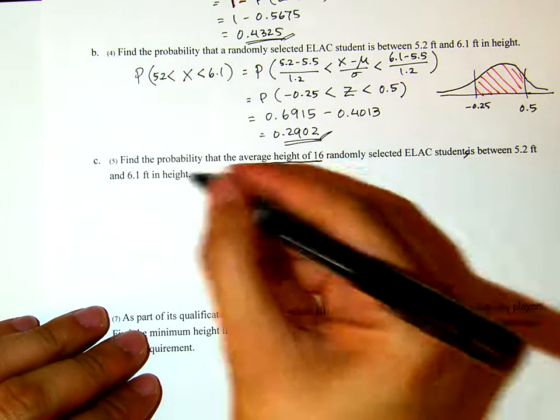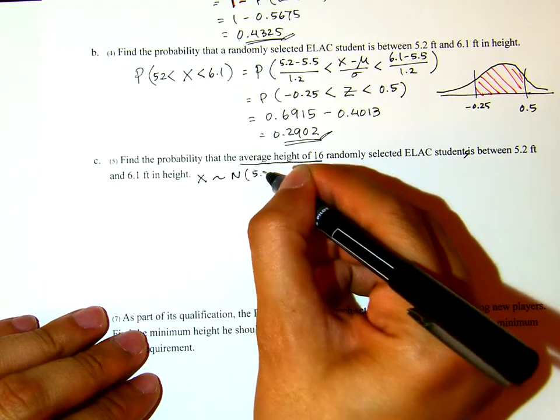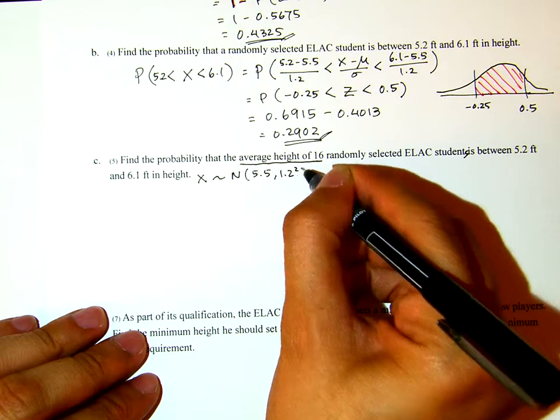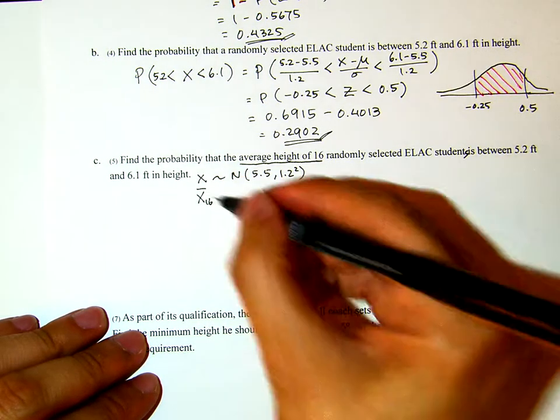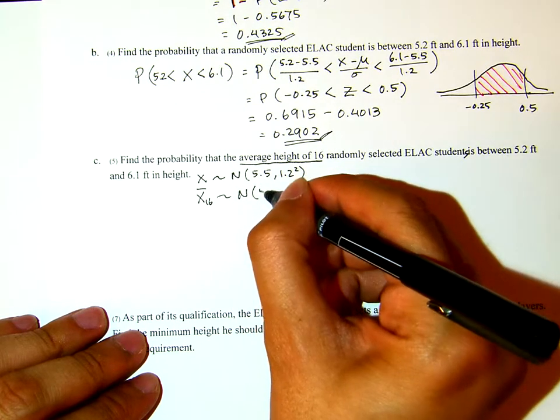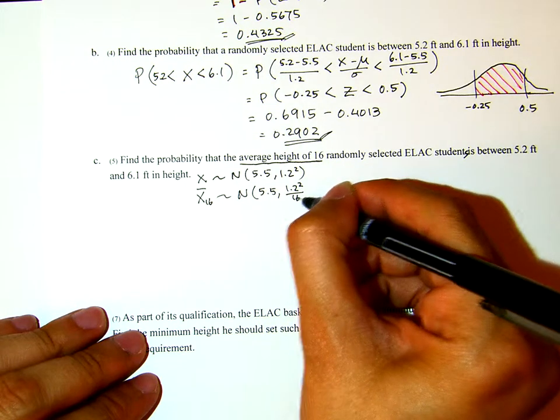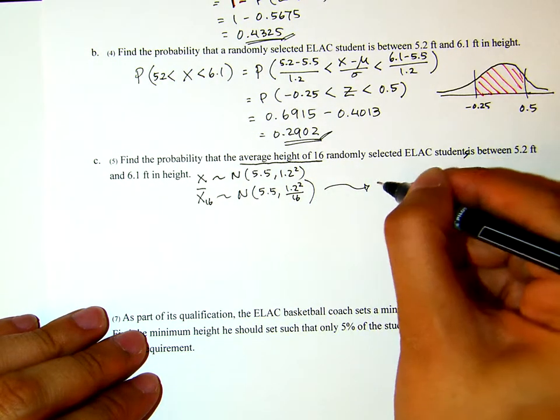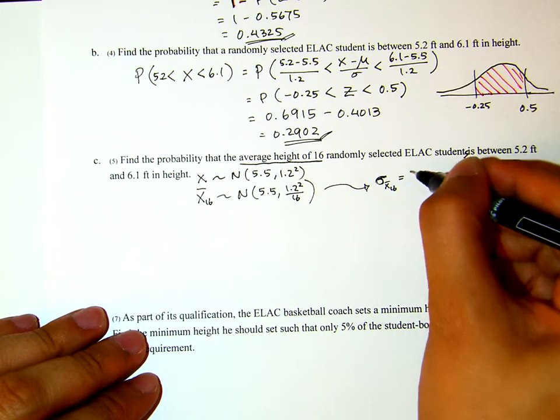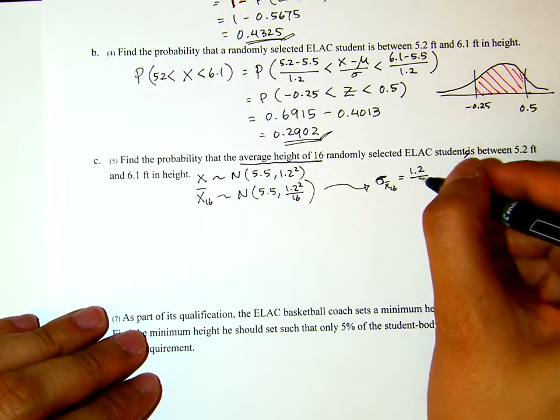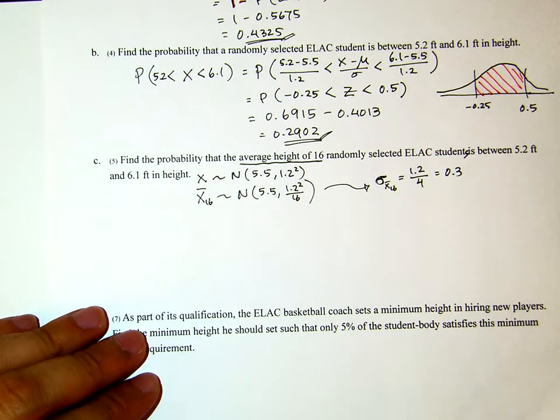So the random variable we are dealing with is not this X anymore, but X bar 16. The variance is 1.2 squared over 16, so the standard deviation of X bar 16 equals 1.2 over square root of 16, which is 4. That's 0.3.